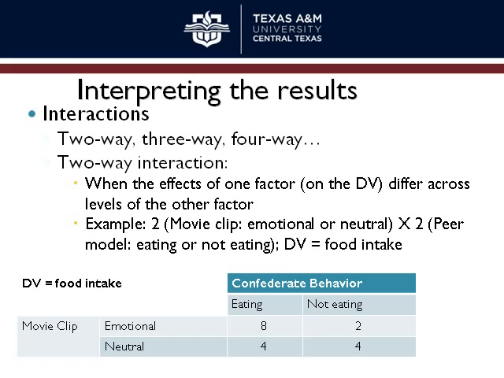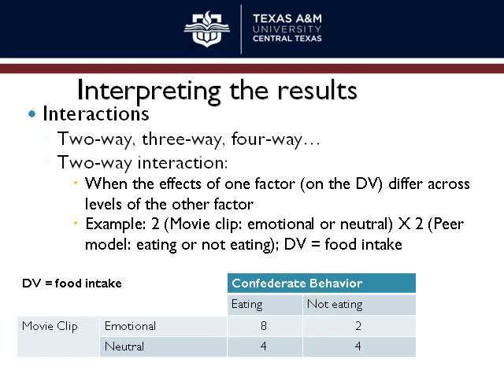Okay. So look down at a little table there where you see on the left movie clip and at the top Confederate behavior. And we've got some hypothetical data plugged in here. So when kids were watching an emotional movie and the Confederate was eating, the participants ate 8 peanuts.